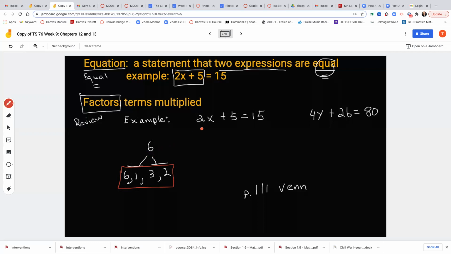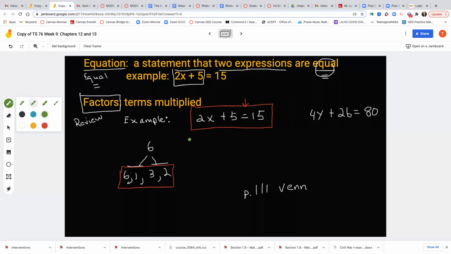Now look at this thing right here. There's 2x plus 5 equals 15. In my brain, I see this equal sign. I know, oh, this is an equation. It's got equal in it. But if I ask you, which I will, and in your homework they ask you, looking at this problem, 2x plus 5 equals 15, tell me the factors.